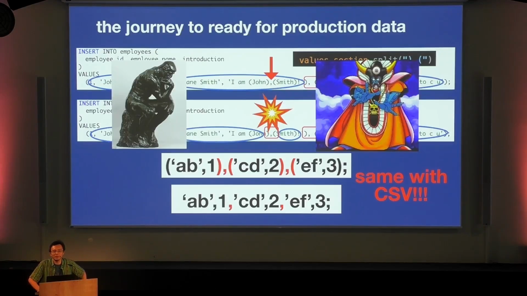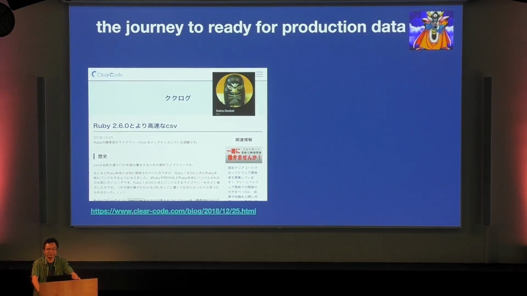Then I tried to see how the standard library handles it. Fortunately, sorry, it's in Japanese, but you can use Google Translate. He is a maintainer of the standard CSV library, and he wrote a blog.